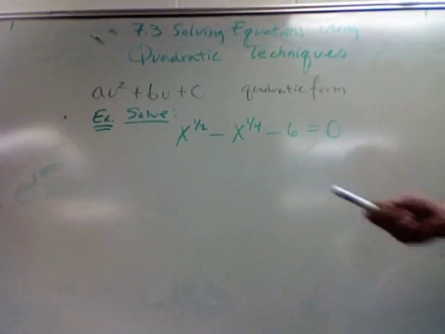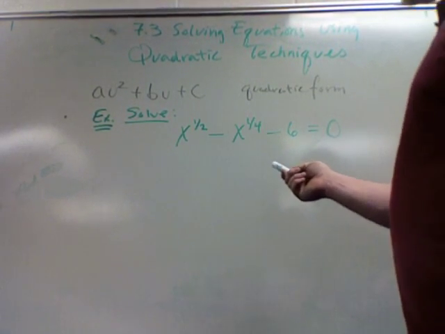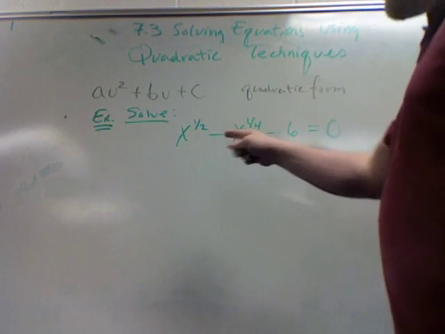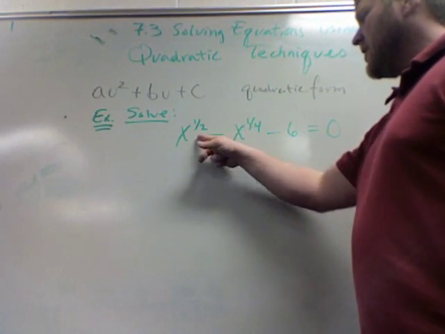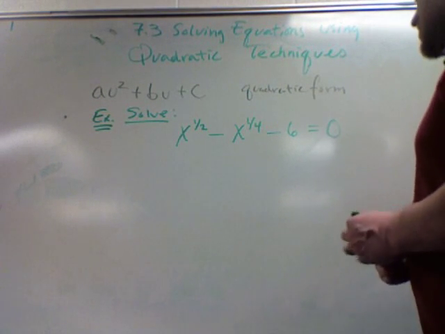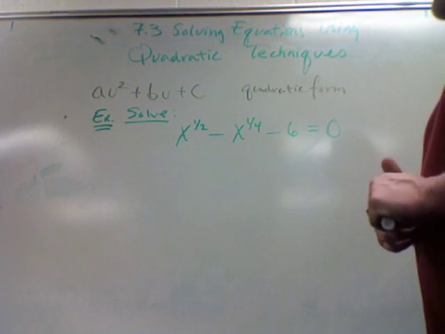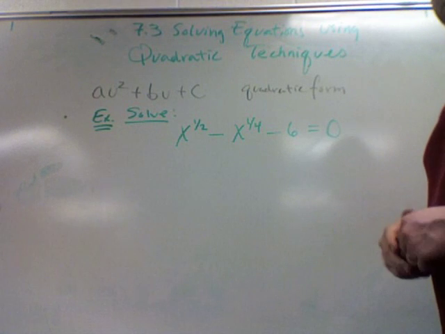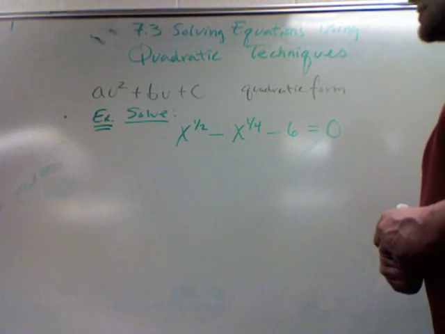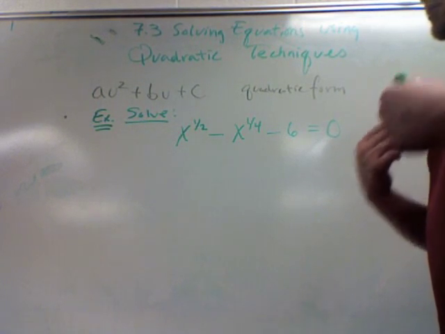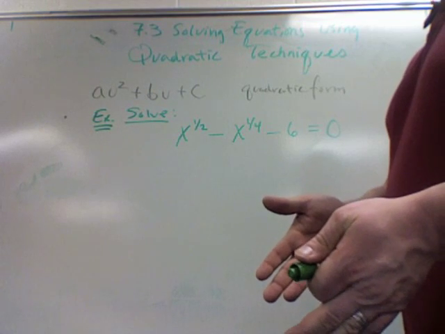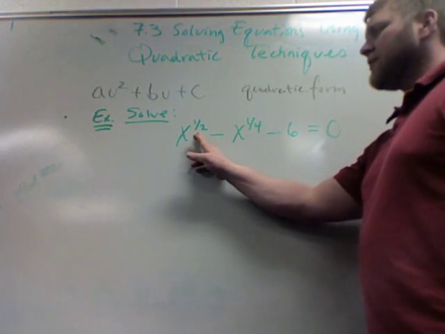Here is an example where we have to solve, and notice that this one's a little tricky too, because it has fractional or rational exponents, so they're not integers. The first trick is to write it in the form of a quadratic. You want to find a u such that when you square it, you get this value here.